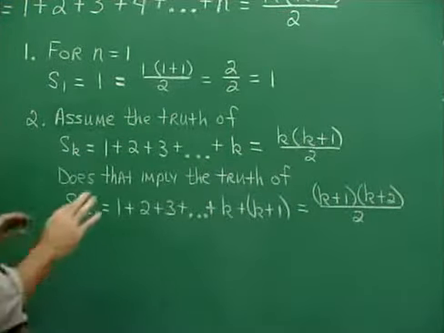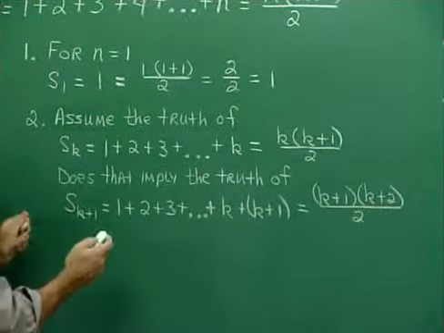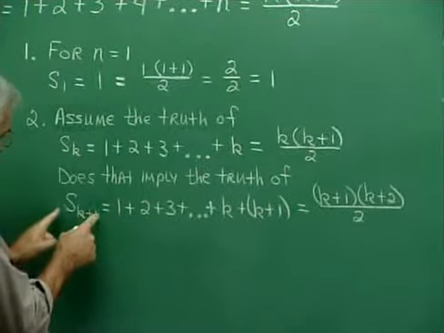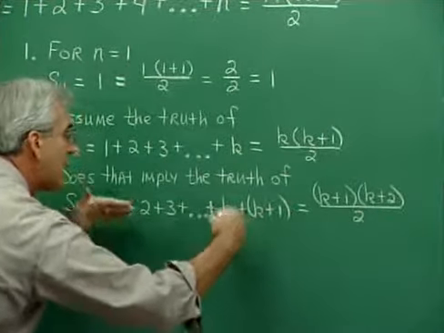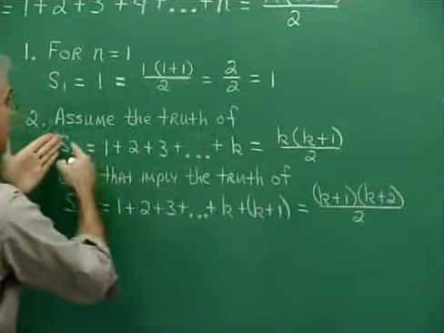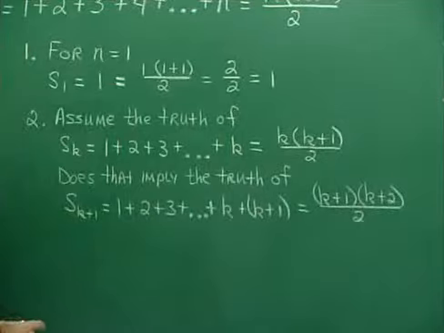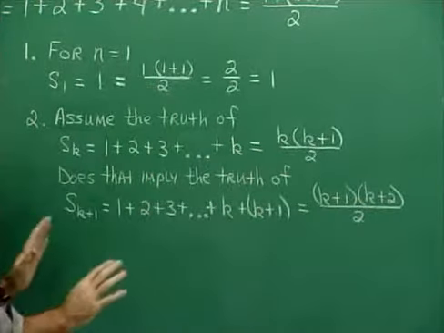Now, in order to show this, the strategy generally is to write this and show that, and then make a replacement, referring back to something that you made in this assumption. All right, and then we want to lead to this expression. So that's the idea.